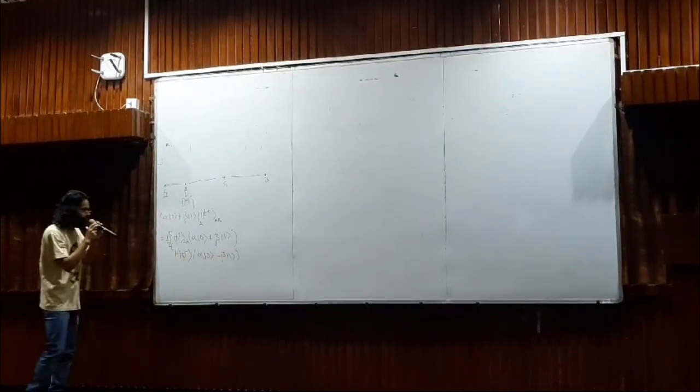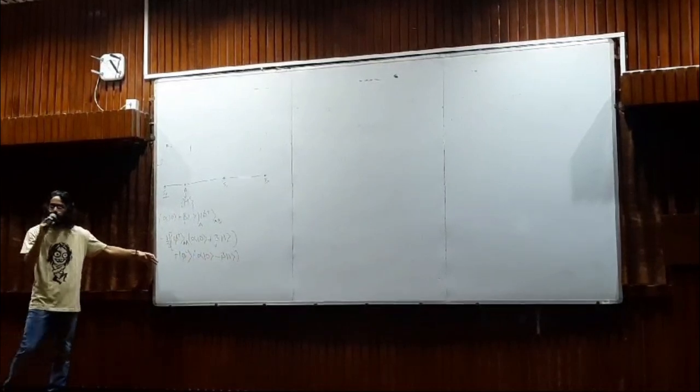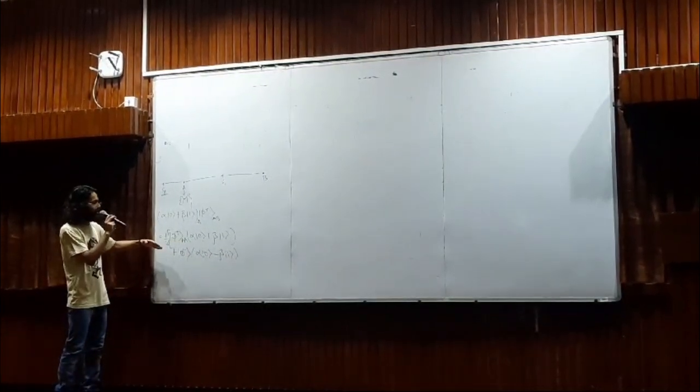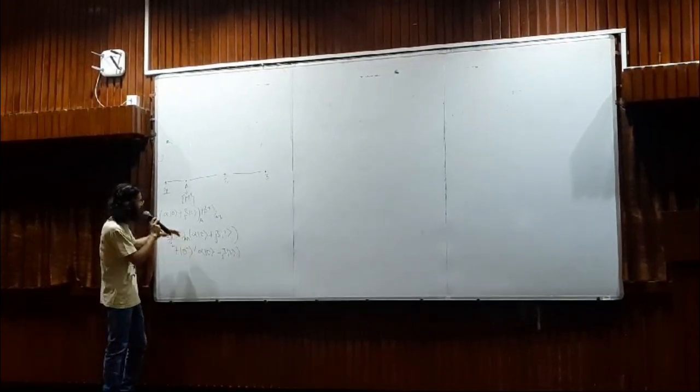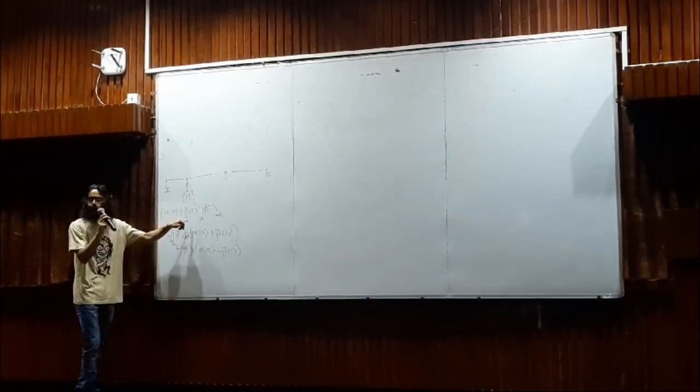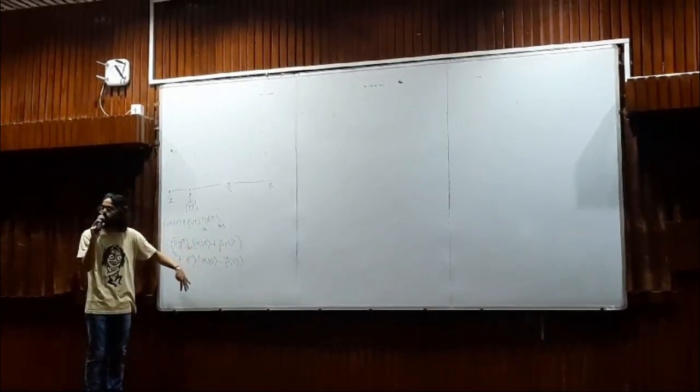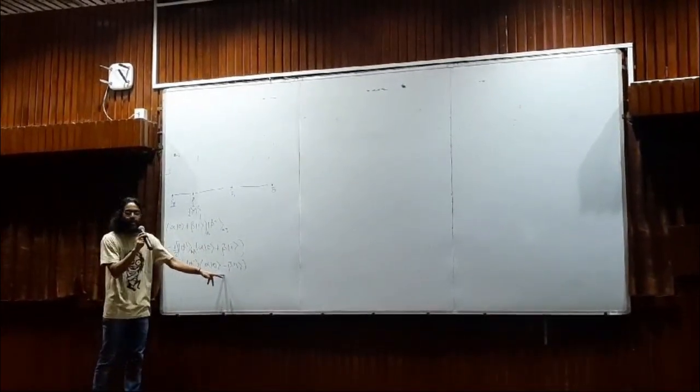Rather than writing the full equation here, I'm just going to ask you to observe one thing. If I take my original state alpha 0 plus beta 1 and apply the X operator on it, I'll end up getting alpha 1 plus beta 0, and with Z, alpha 0 minus beta 1.